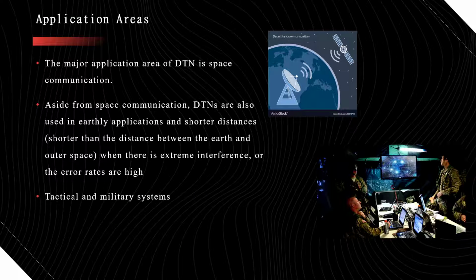Application areas. The major application area of DTN is space communication. The conventional internet is ineffective in ensuring effective communication between Earth and space satellites. Initially introduced in 2003, DTN was meant to enhance faster communication between terrestrial networks and space satellites.